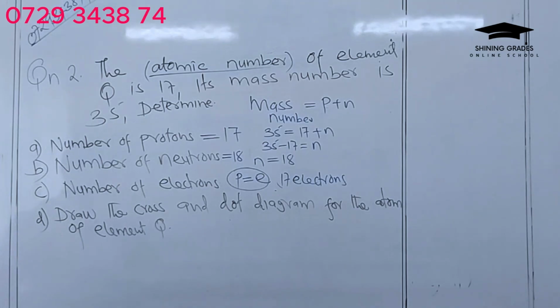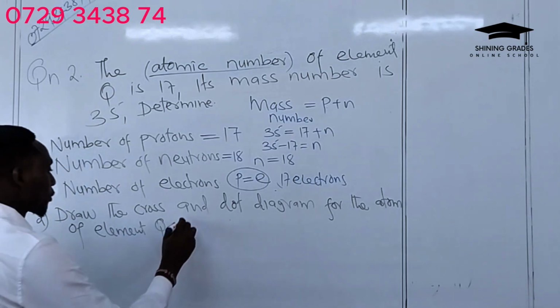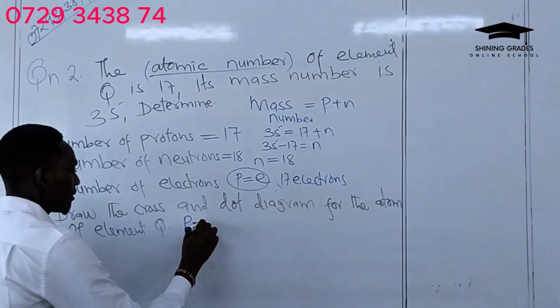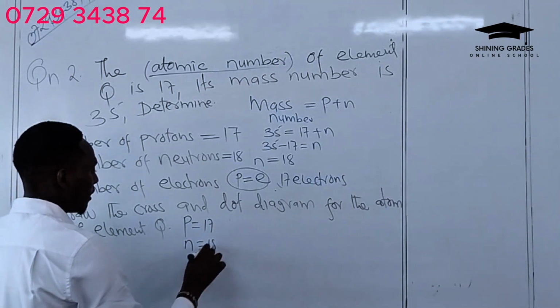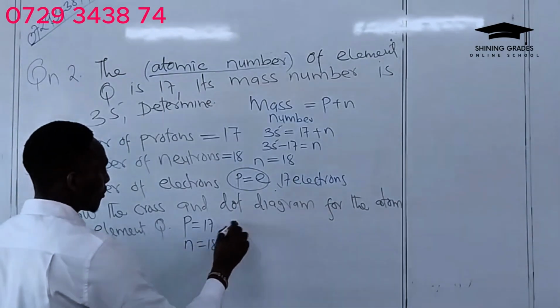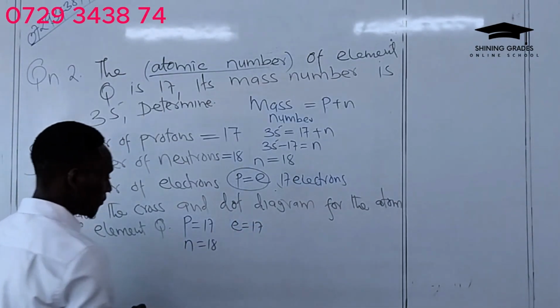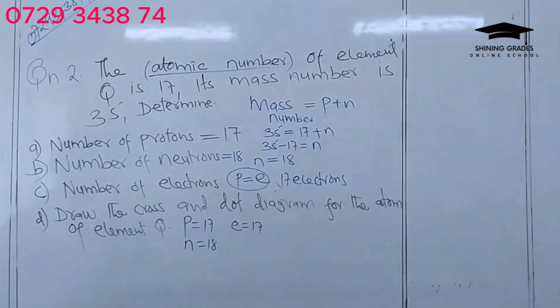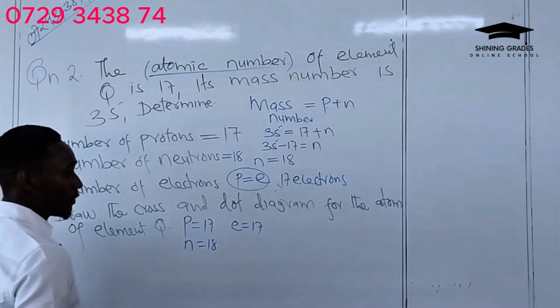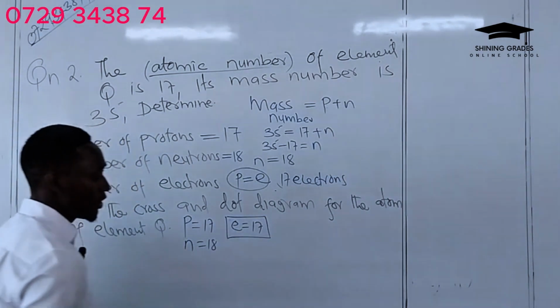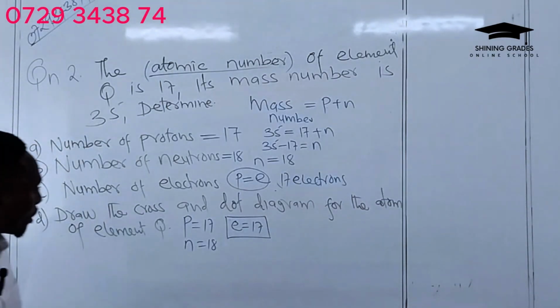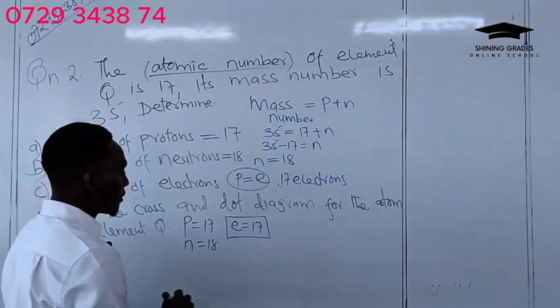Now that we have the protons as 17, the neutrons as 18, and the electrons as 17, we can first write the electronic configuration for the atom Q. We have 17 electrons.